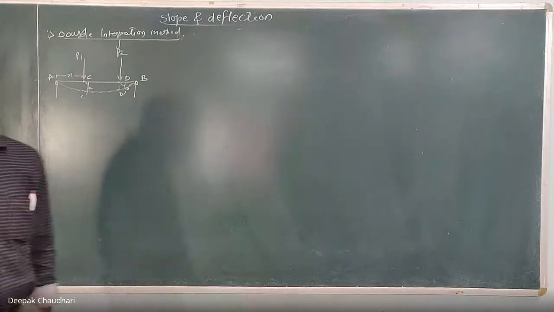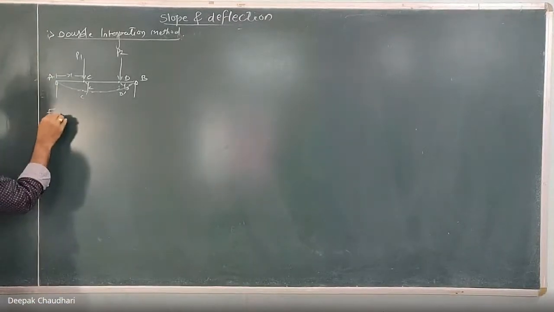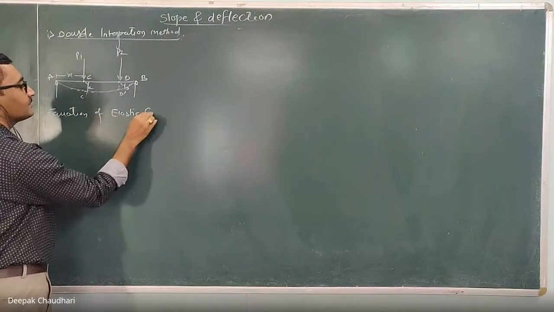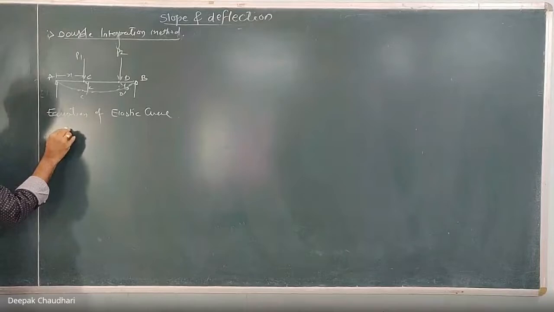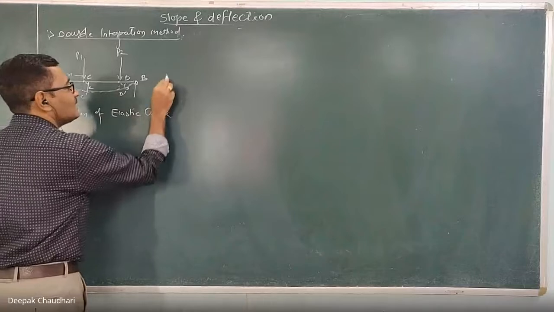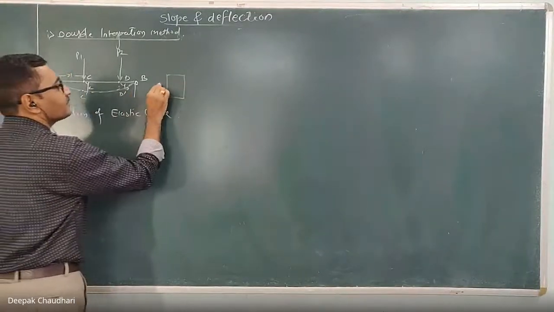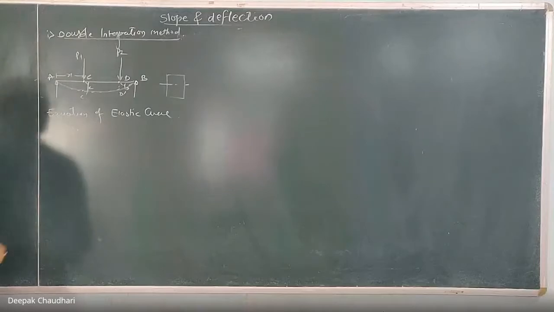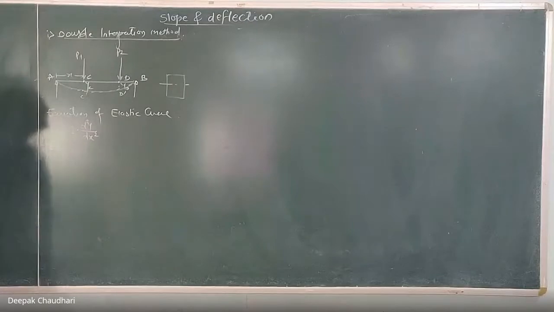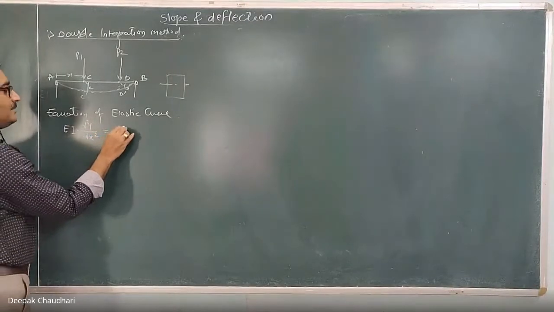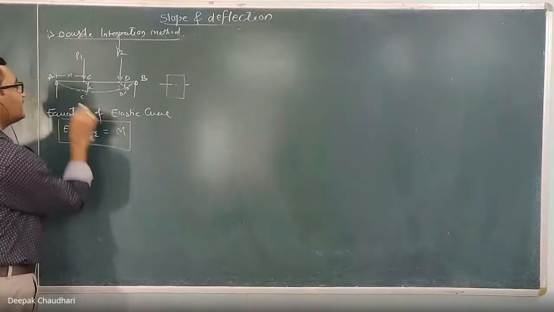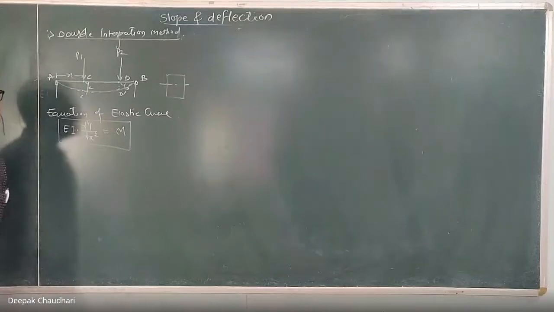The differential equation of the elastic curve is given by EI d2y by dx square equals M. E is the modulus of elasticity of the beam material, I is the moment of inertia about the neutral axis of the cross section, and M is the bending moment. This is the equation of the elastic curve in terms of bending moment and the modulus of elasticity.